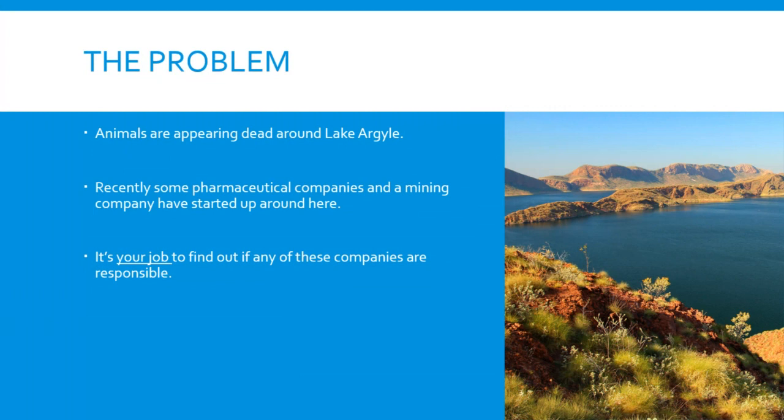Pollution's a great answer. Pollution is a very big thing with companies and their environments. Any other answers? Destruction of habitat, that is a great one. Yes, companies are often destroying habitats of local wildlife.